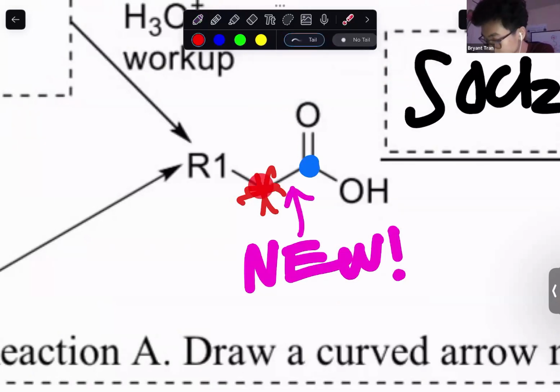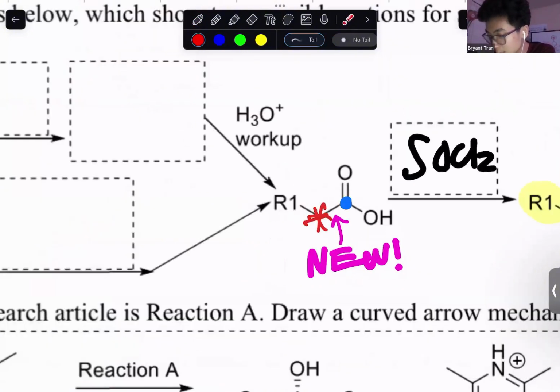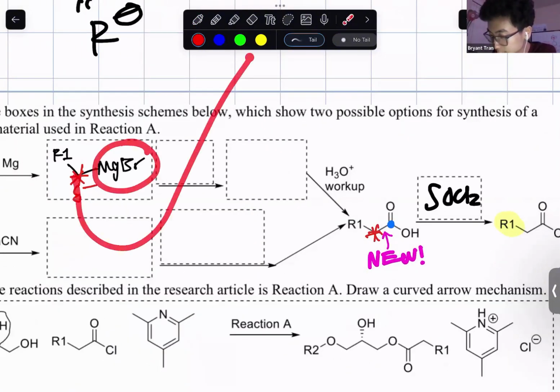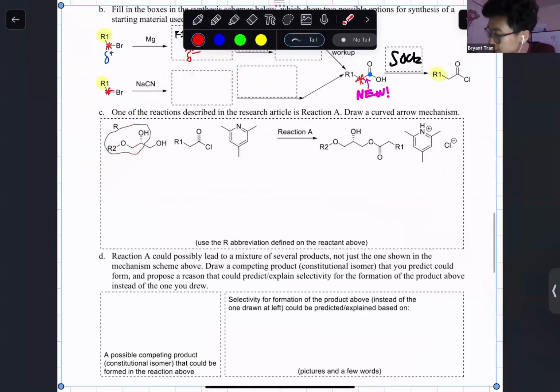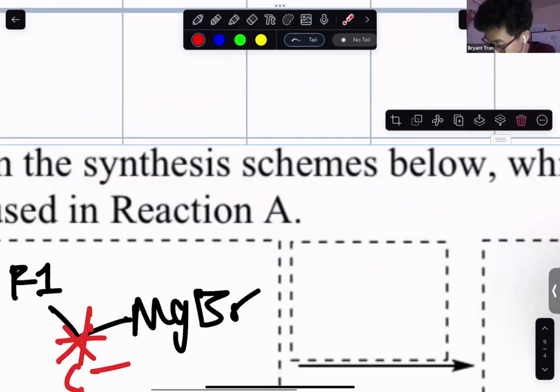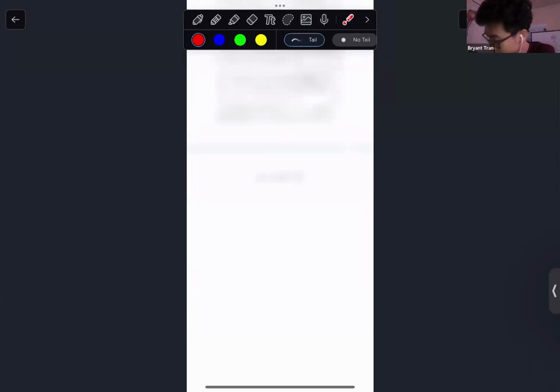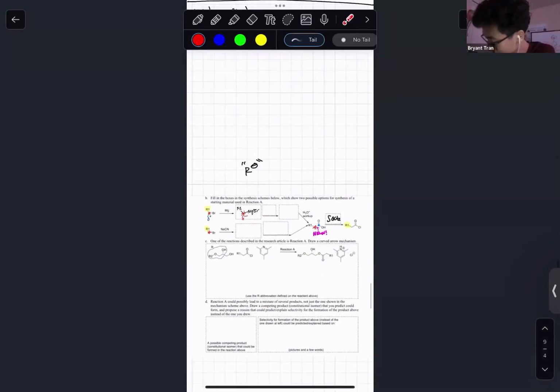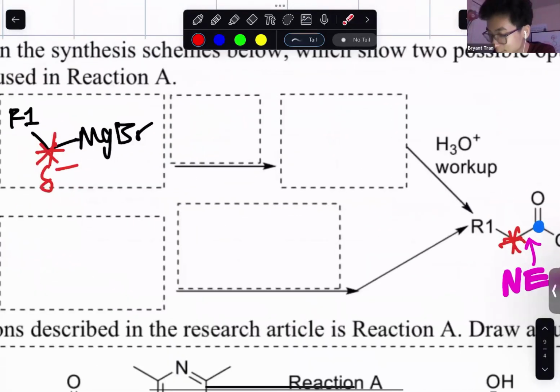The new bond between the star and blue dot right there. Because whenever we use a Grignard reagent and we use that R minus to attack something, the MgBr ions just dissolve away in the solution. It disappears in the solution.